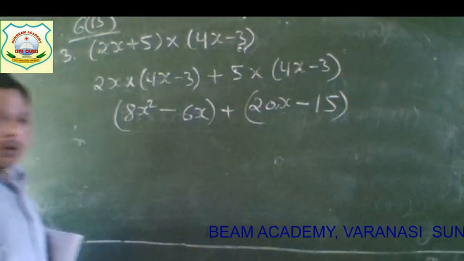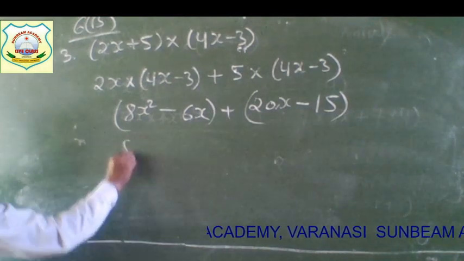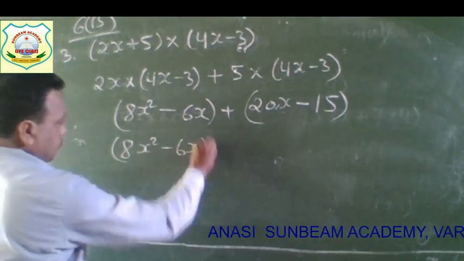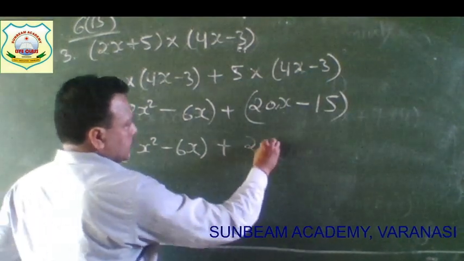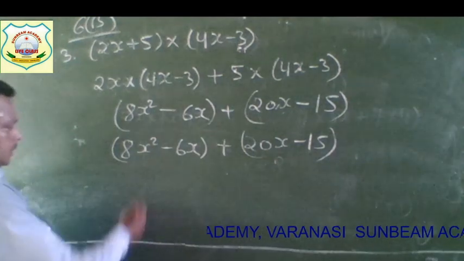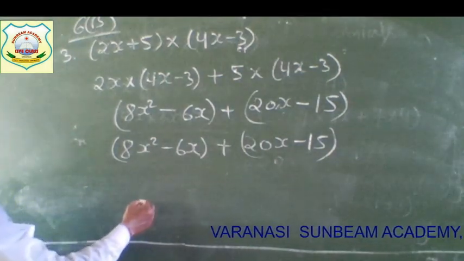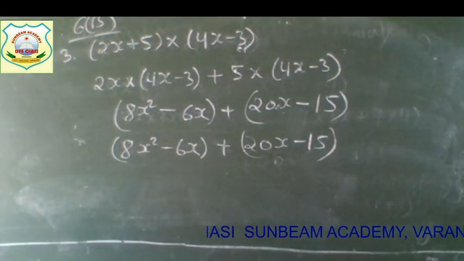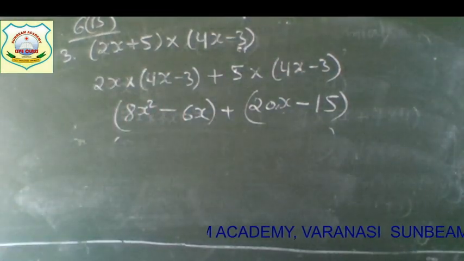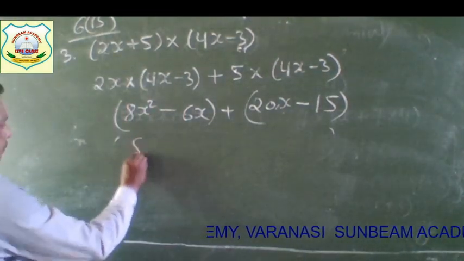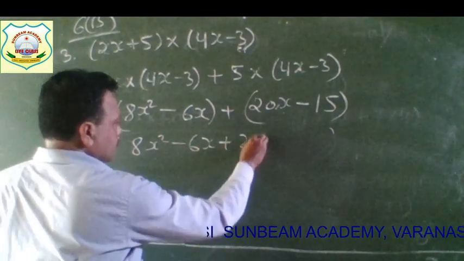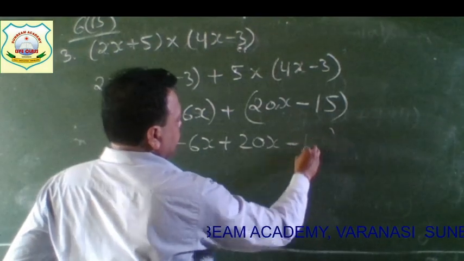Now we will open the bracket: 8x square minus 6x plus 20x minus 15. No need for these steps again; we open the bracket.